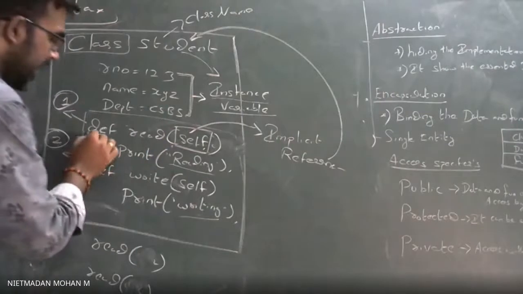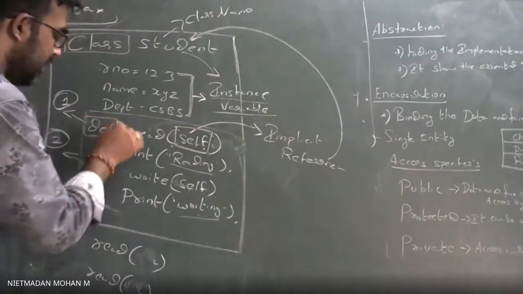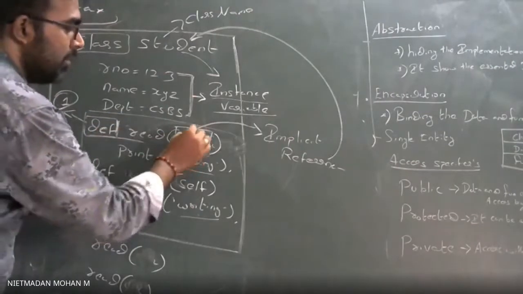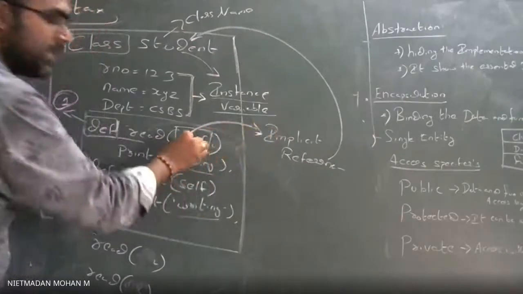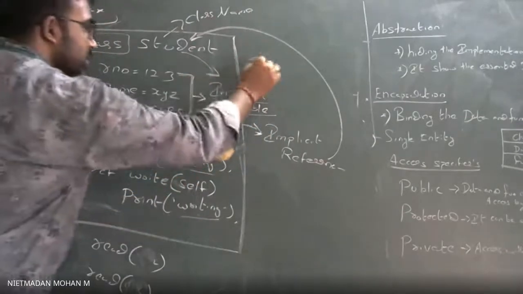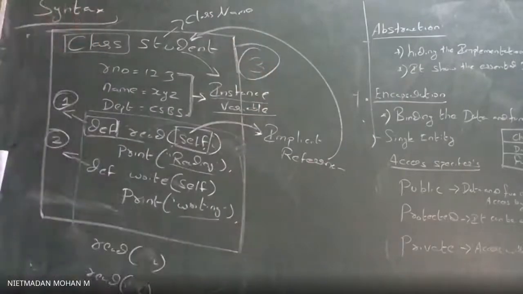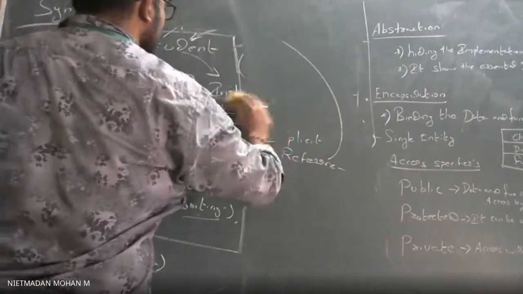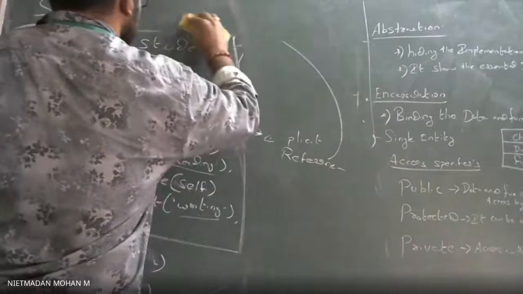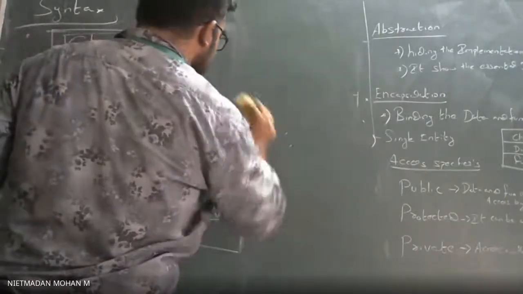And third, whenever you are creating a function by using the keyword def, the first argument will be the self, which you want to represent in all the programs. These three things should be known when you are going to design a class. So this is about the class creation.